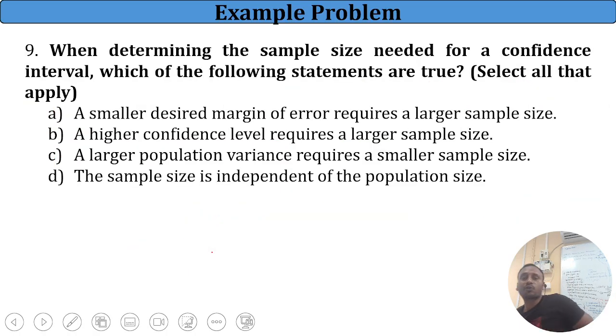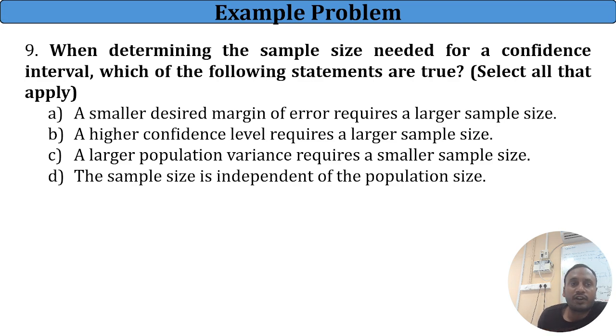Now we have another question. When determining the sample size needed for a confidence interval, which of the following statements are true? There can be multiple answers. Just think about that.